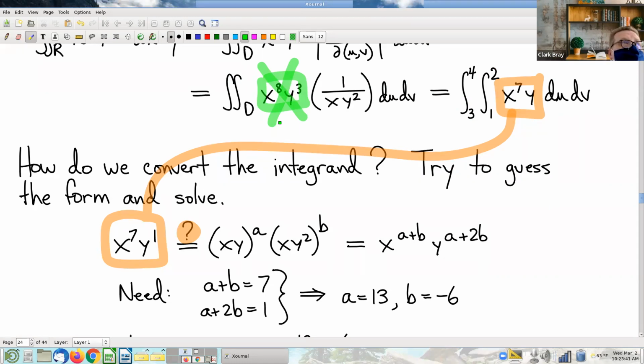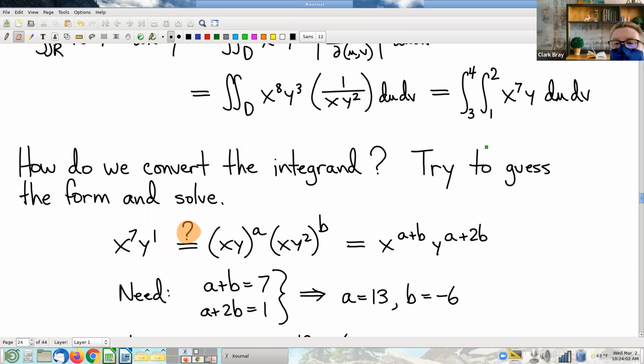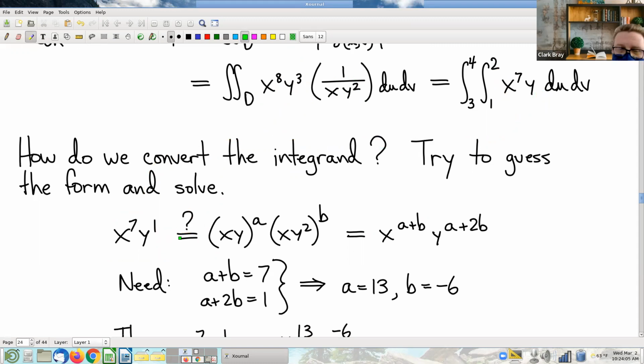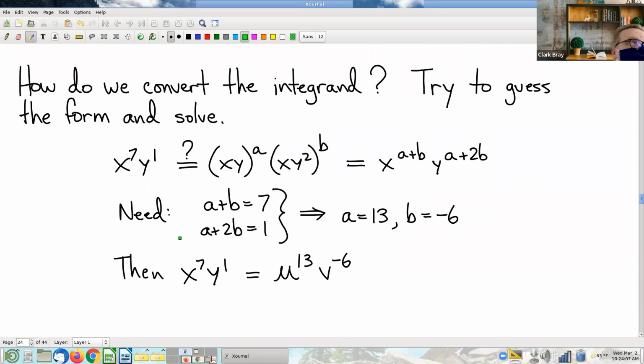Don't bother. And likewise, the stretching factor down here, I don't need to know how to write this in terms of u's and v's. It happens to be easy in this case, but the point is I don't need that. What I need is the one that's my eventual integrand. So don't do this conversion too early in the process. You're just wasting time.